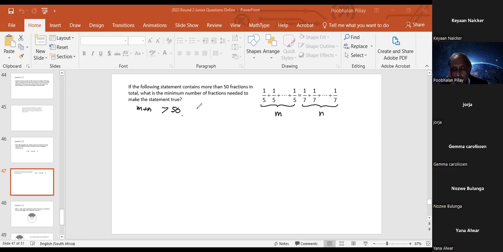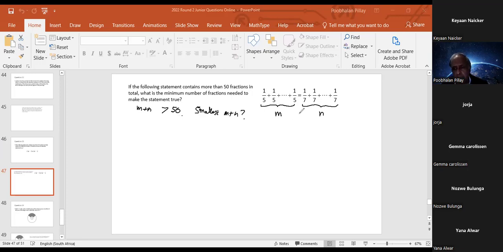And you want to know the smallest M plus N, the minimum number of fractions altogether. So that's the question. It'll have to be some number which is bigger than 50, but which is the actual answer? Which is the smallest number you can put here?